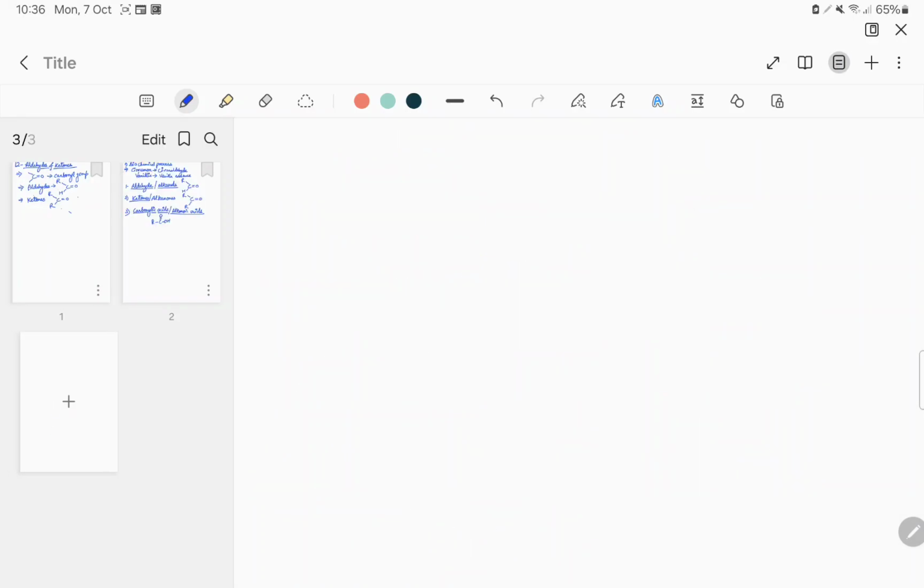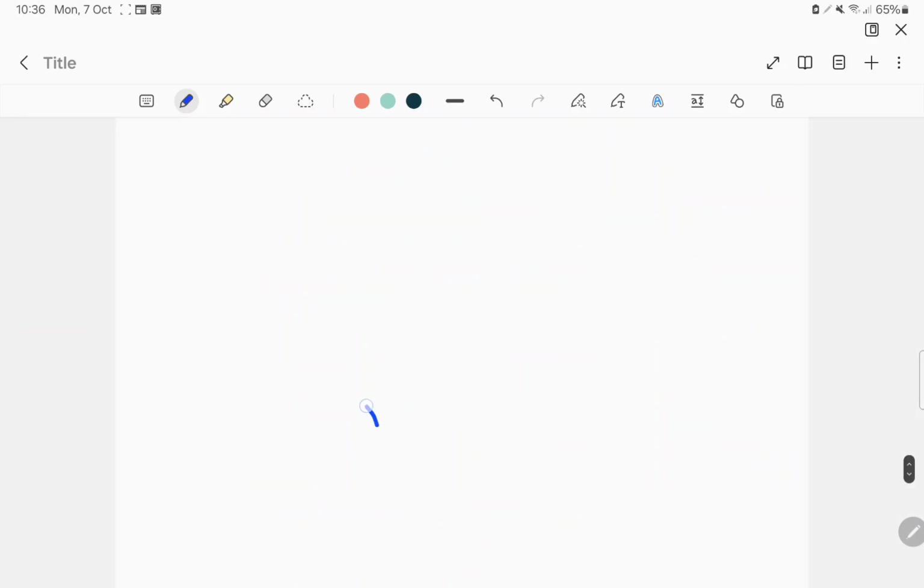Then we have acid derivatives. These are derivatives derived from carboxylic acids.